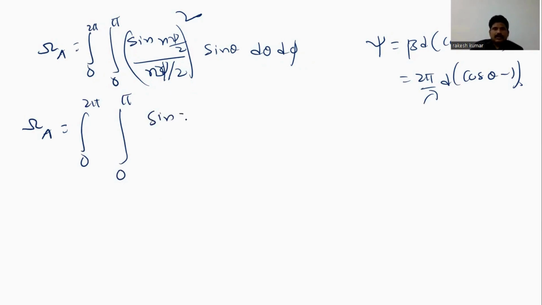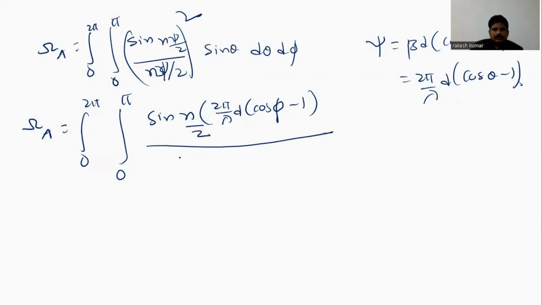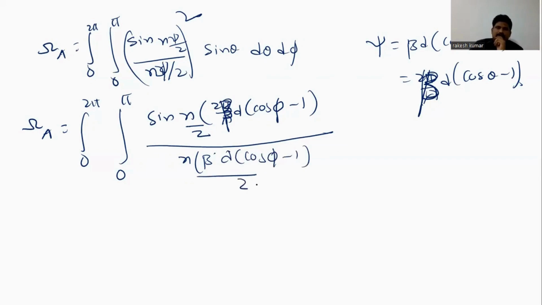So that is sin of n into the value of beta d cos psi minus 1, by 2, by n into, that is, we will directly substitute here beta d, so pi minus 1 by 2 whole square into sin theta d theta d phi.